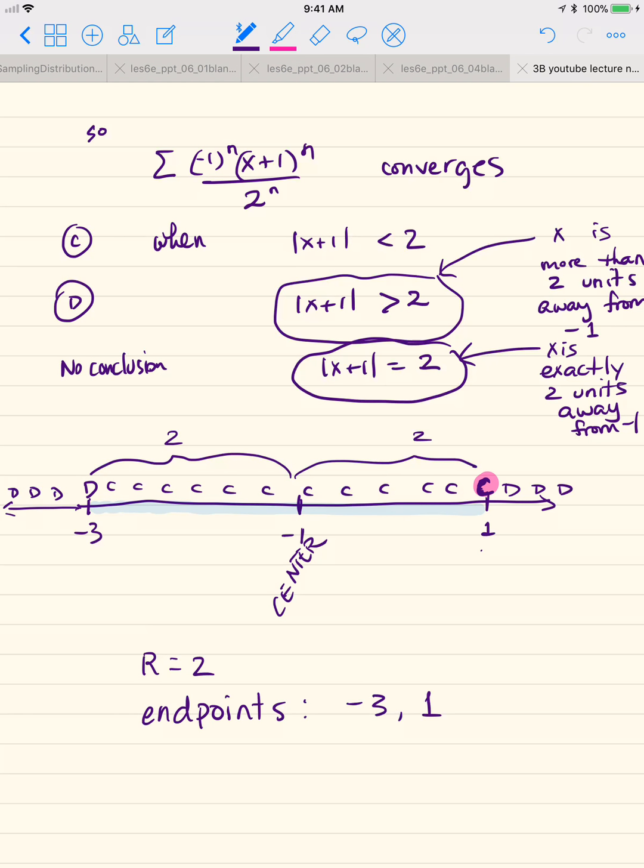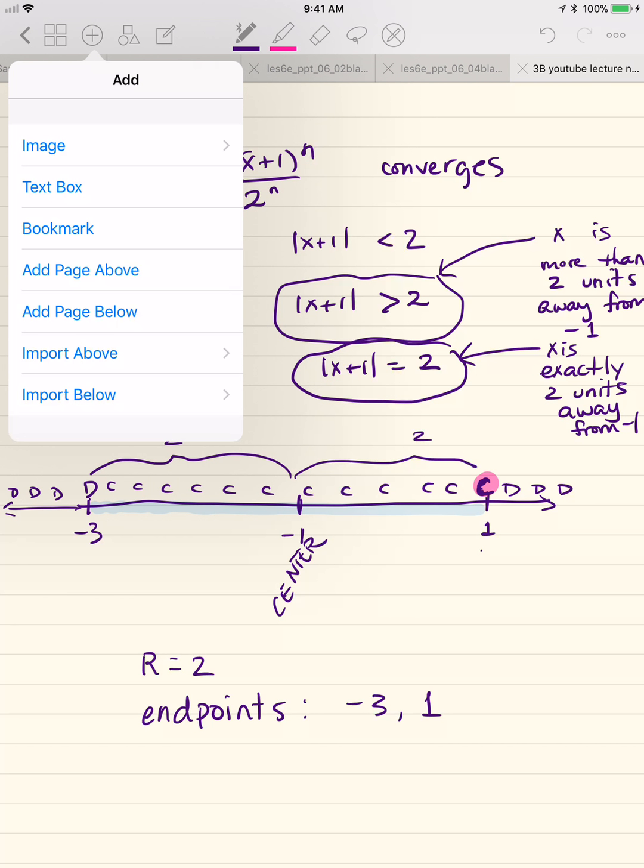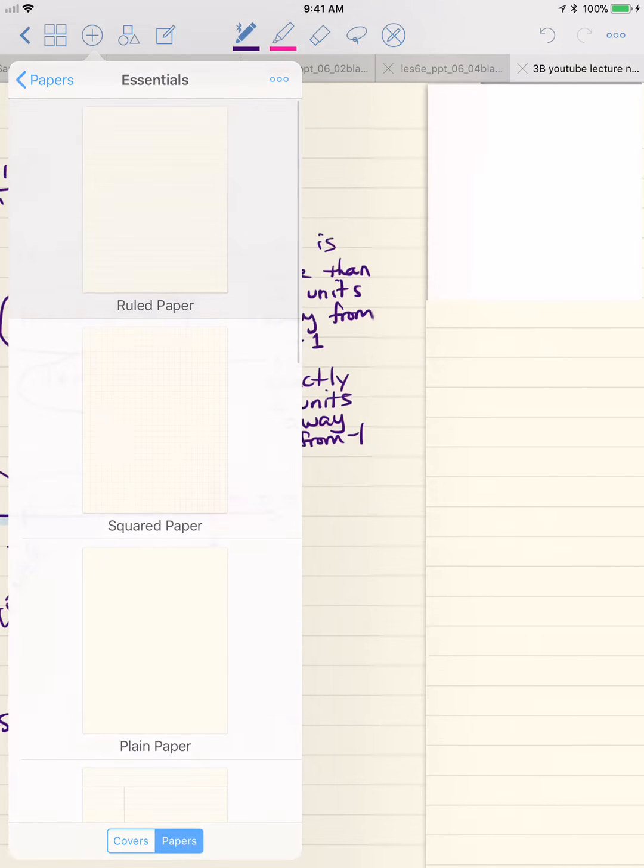We've got 4 different options for our interval of convergence, and now we just need to test the endpoints. So let me add a page below. So let's test the endpoints to determine if they are in our domain.